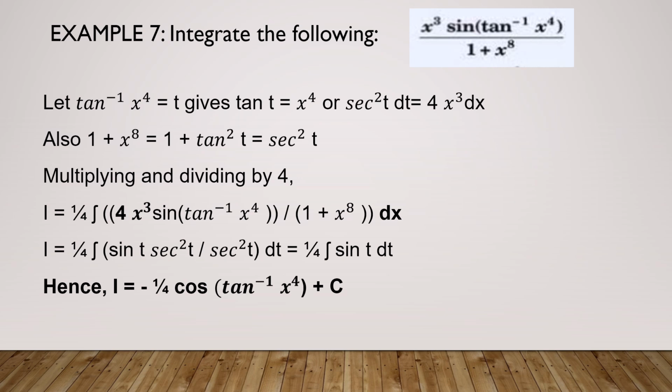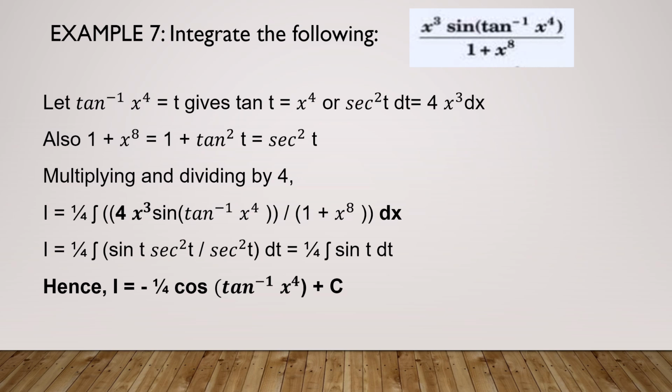Now this should strike to you because you want to convert the whole thing in the form of t, your new variable t. Now multiply and divide by 4. So your integral will be 1 upon 4 into numerator, it is 4x cube sine of tan inverse of x raised to 4 upon 1 plus x raised to 8 whole dx. Now substitute your values.